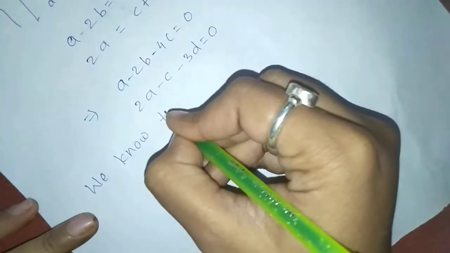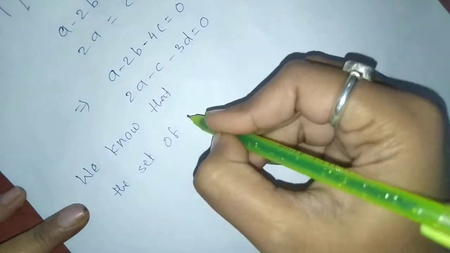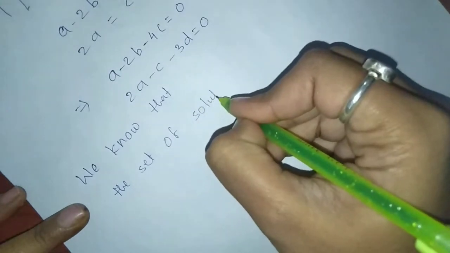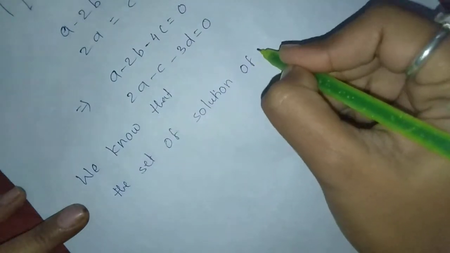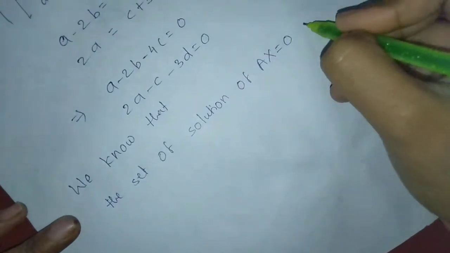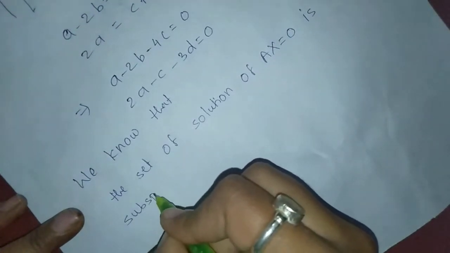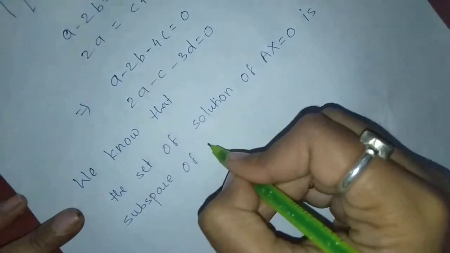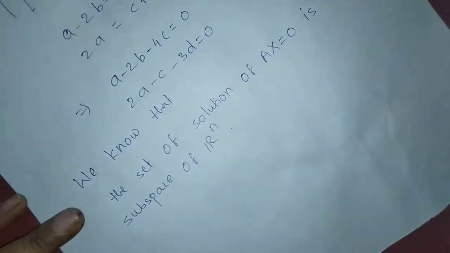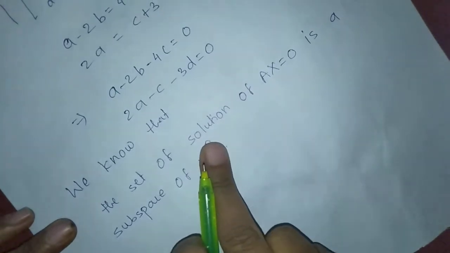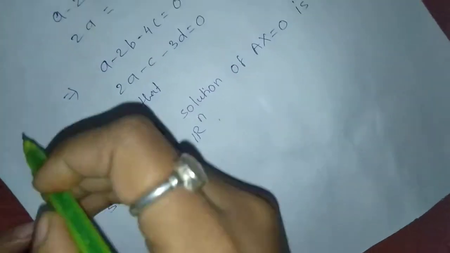We know that the set of solutions of A into x equals 0 is a subspace of R raised to n. n means the number of the variables.